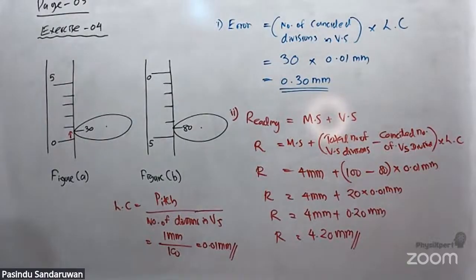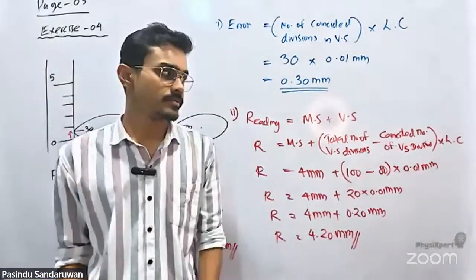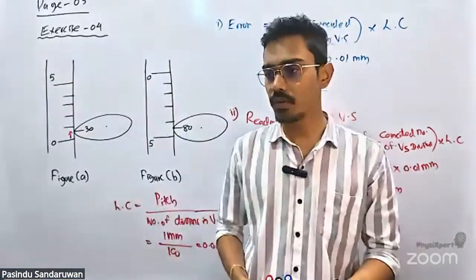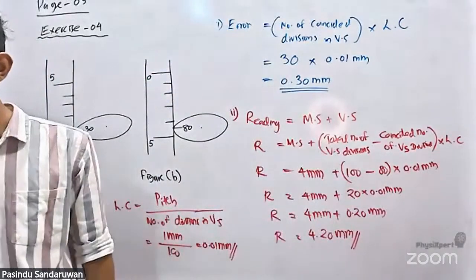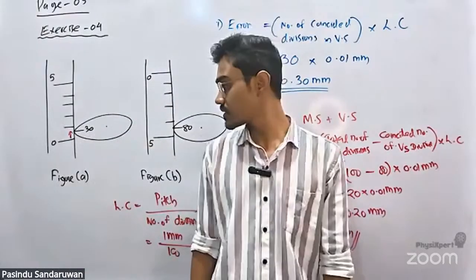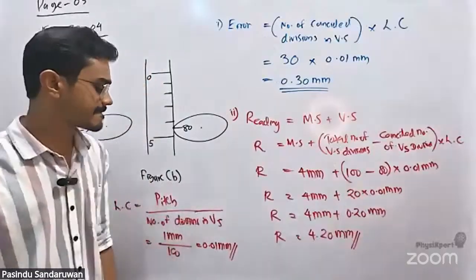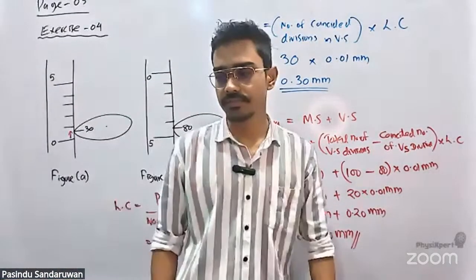Okay. What about the next one? Determine the actual depth of the hole. What are your answers, students? 4.40. Others? Actual depth of hole.